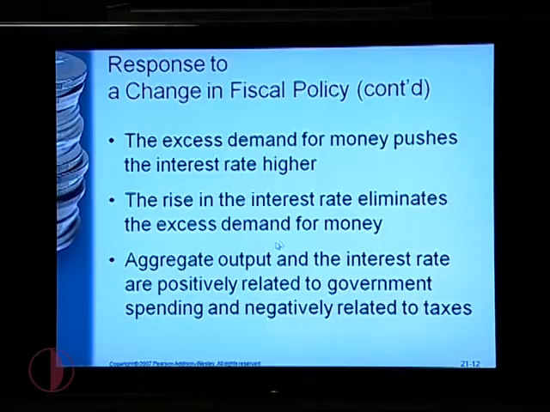The excess demand for money pushes the interest rate higher. The rise in the interest rate eliminates the excess demand for money. Aggregate output and the interest rate are positively related to government spending and negatively related to taxes.